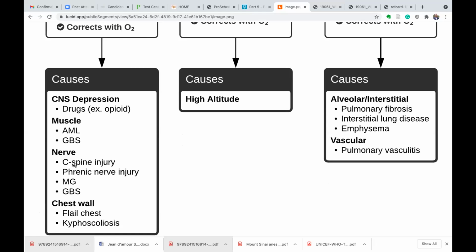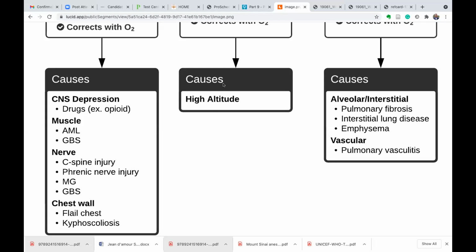So, high C-spine injuries like C3 or C4, then your phrenic nerve injury as well. Then your diaphragm is not working, you are not ventilating properly, we retain a lot of CO2. And chest wall issues, if you have like flail chest and chest trauma, those are good examples.